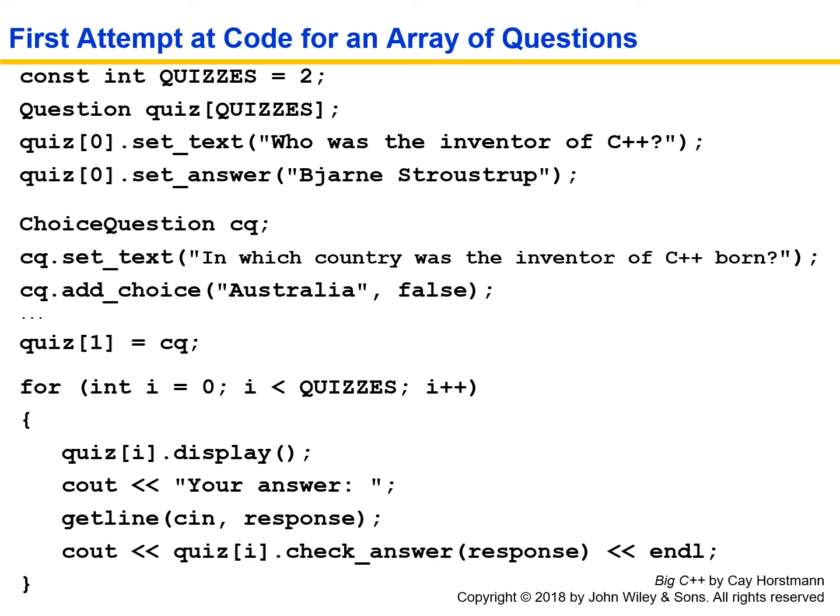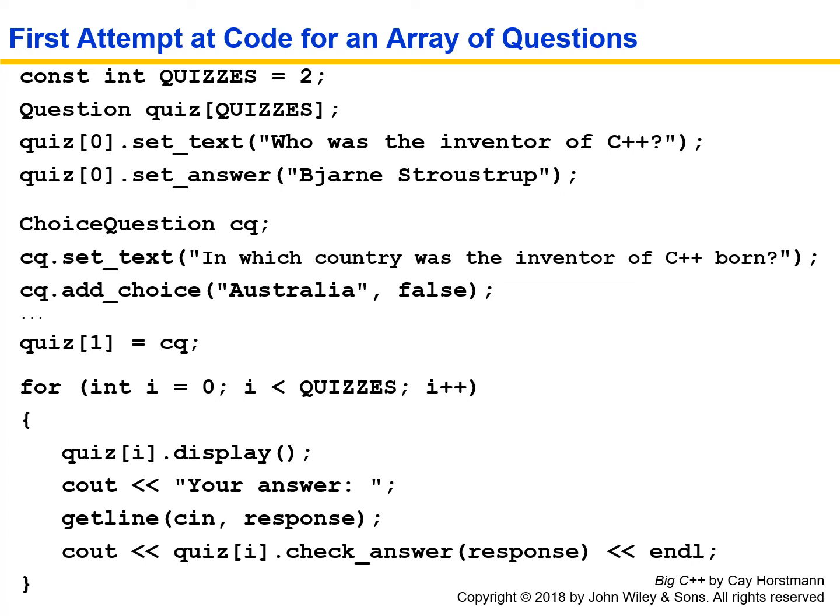You have quiz, which contains, in this case, 2 items. You set the text and answer for quiz at 0. You can't do that with the choice question because quiz at 0 still thinks it's a question, not a choice question.